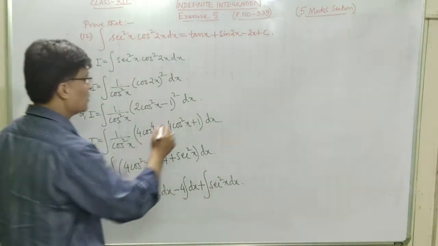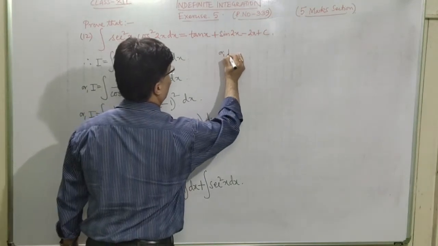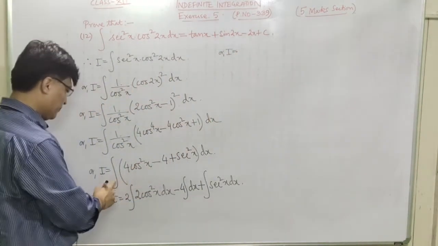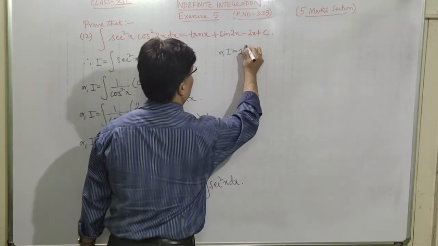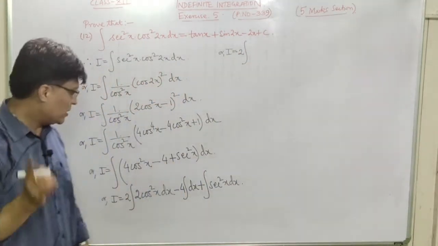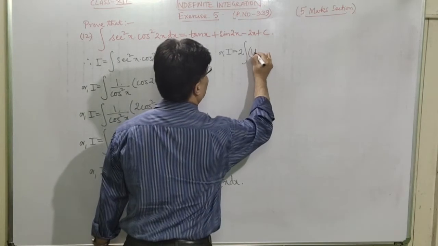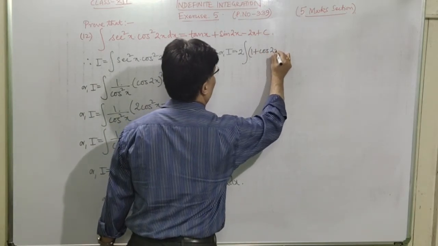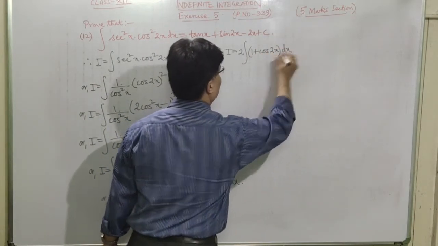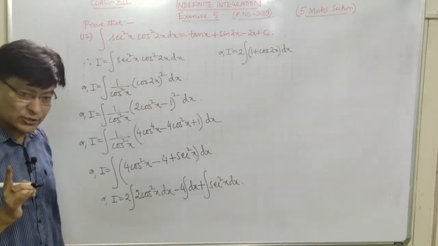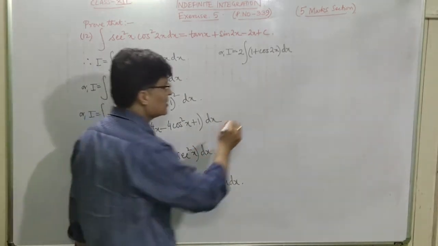I think you have understood it. So in the next step, what will you do? I is equal to 2 integration of, what is 2 cos square x? 1 plus cos 2x. So within bracket we have 1 plus cos 2x, bracket close, dx. Understood? Then minus 4x, isn't it?